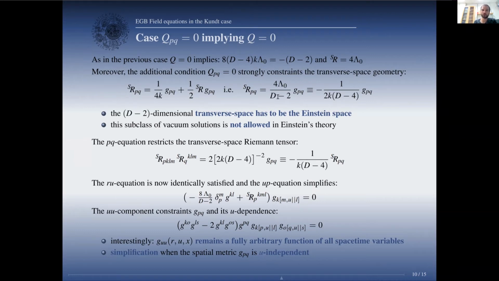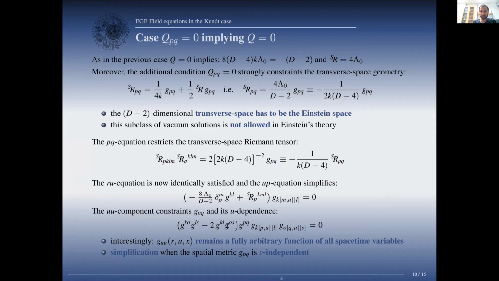Again, it's not allowed in Einstein theory, and the remaining equations give primarily restrictions for the transverse space geometry. What's interesting, and for me quite surprising, is that the metric function g_uu, which can be, as I've already mentioned, interpreted, or this function encodes the behavior of Coulomb gravitational waves, is fully arbitrary in this case.